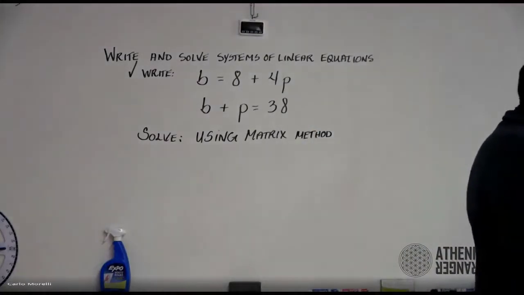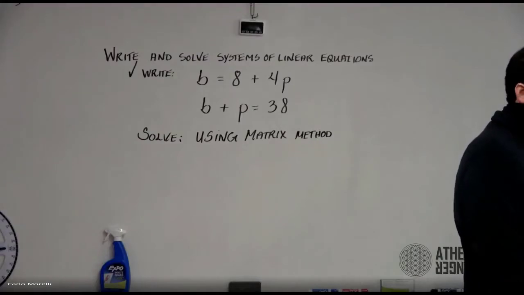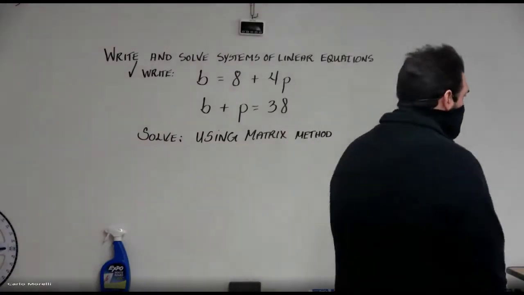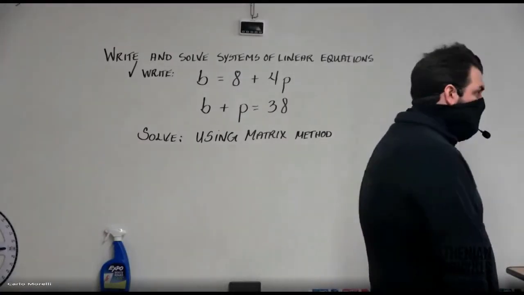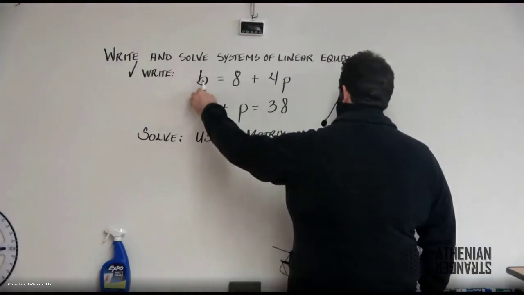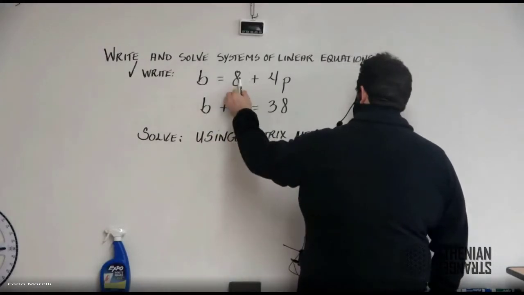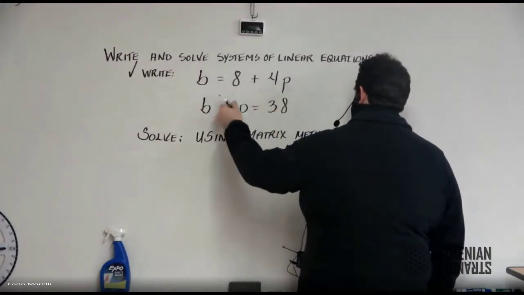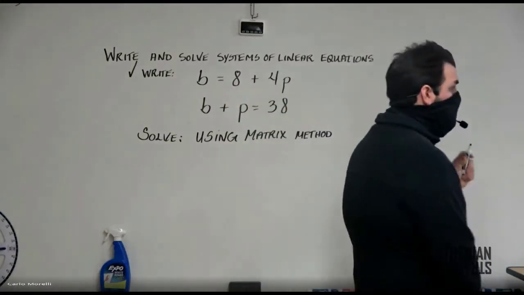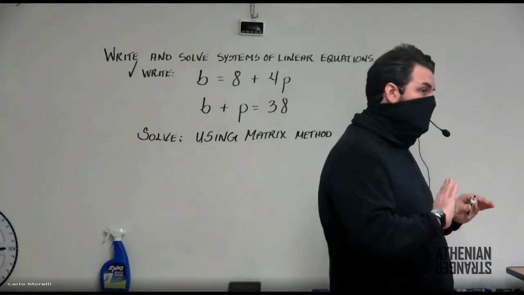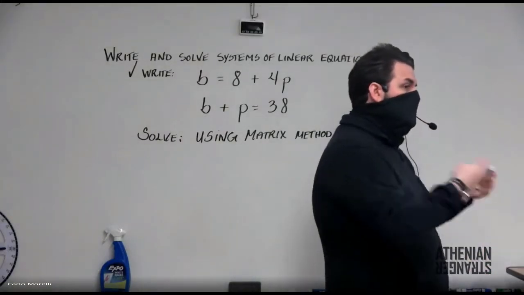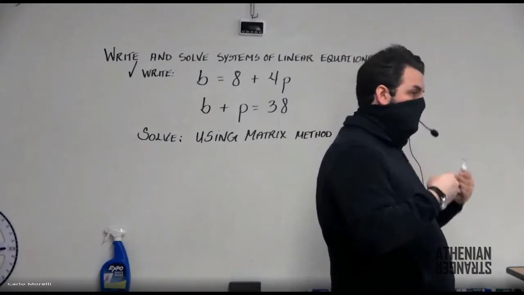But this is called the matrix method because we can use our technology, and it's actually very easy. Now, in order to use this matrix method, I need to get the letters to line up vertically, which they aren't right now. And I need the equal signs to line up vertically, which they aren't right now. Further, I need all the whole numbers on the right, and the letters and numbers on the left.